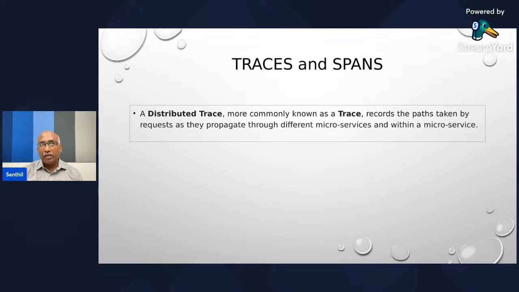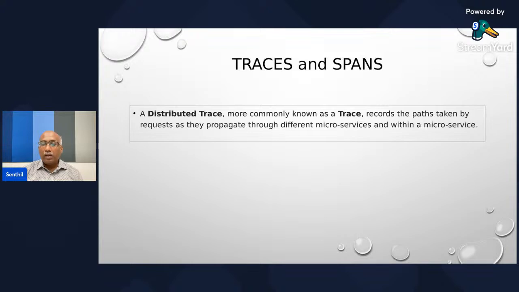Basically, a trace is a piece of information, and this will actually contain the paths taken by the requests as it traverses the various microservices. And not only that, what happens within a microservice is also captured within the trace. So a trace is a very fundamental part of OpenTelemetry.